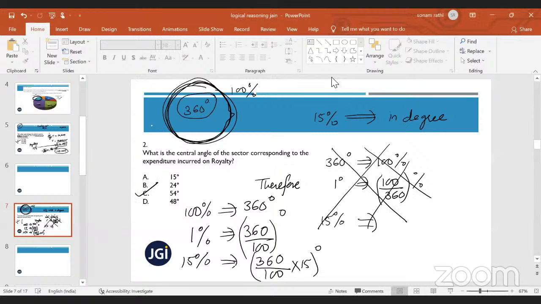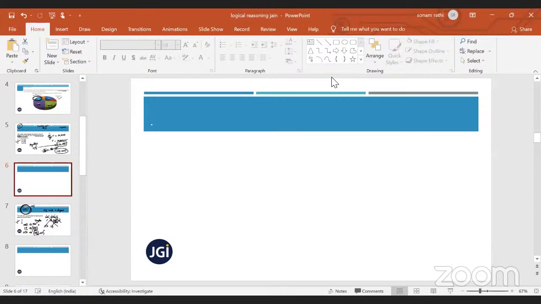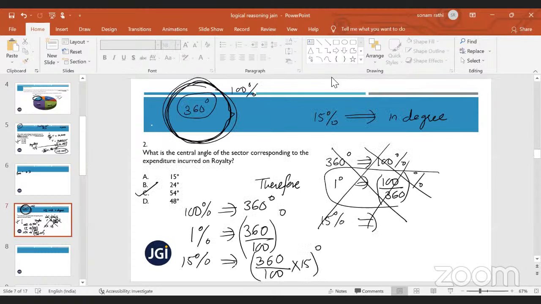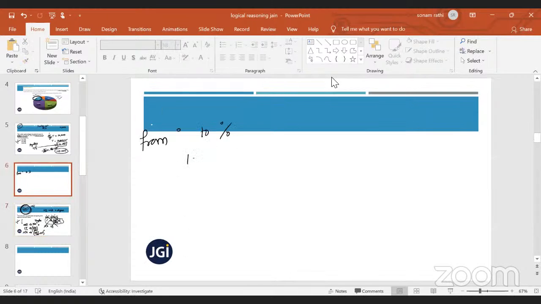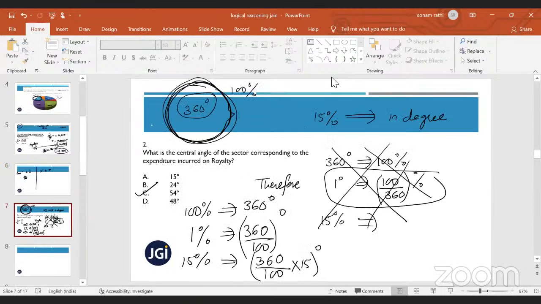This is a basic conversion you should understand. From degree to percentage you need to do 100 by 360, and from percentage to degree, 360 by 100.